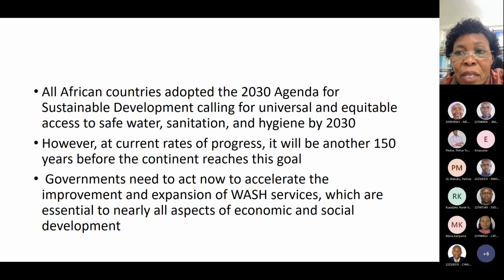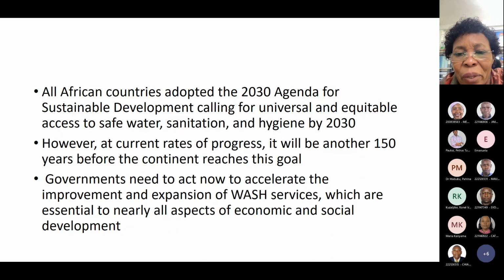All African countries adopted the 2030 Agenda for Sustainable Development, calling for universal and equitable access to safe water, sanitation, and hygiene by 2030. So we are on the same page and we adopted the agenda. But at the current rates of progress, literature informs, it will be another 150 years before the continent reaches its goal.